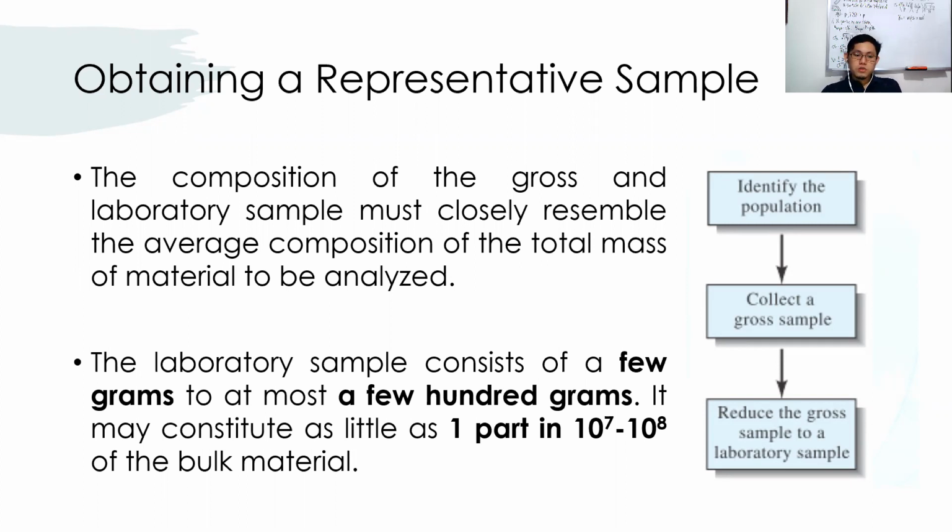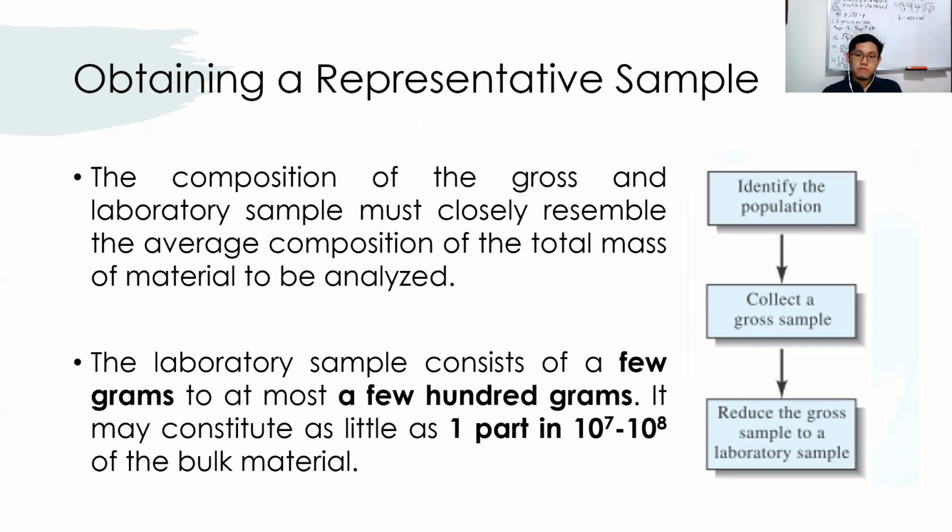So it may constitute as little as 1 part in 10 to the 7 to 10 to the 8 of the bulk material. So yun nga, pagka gumagawa ka ng extraction, usually that consists of few grams and at most a few hundred grams pag yung mga samples po ay yung mga malalaki, and pagka sobrang liit ng population ng analyte mo.